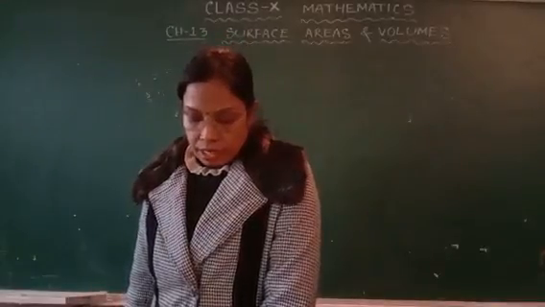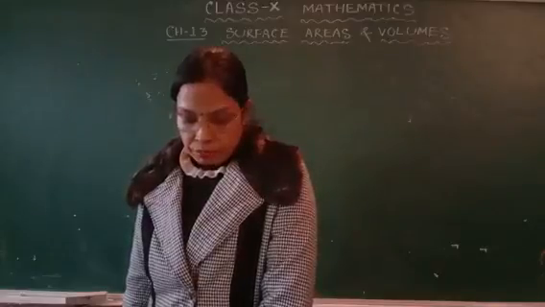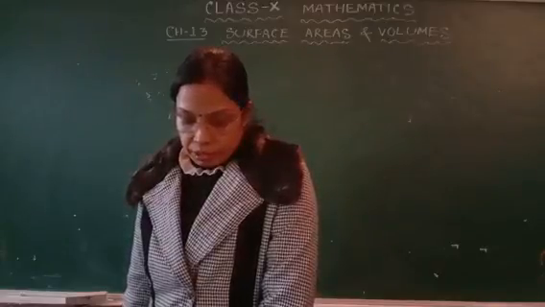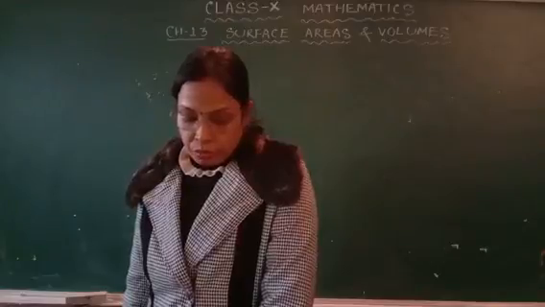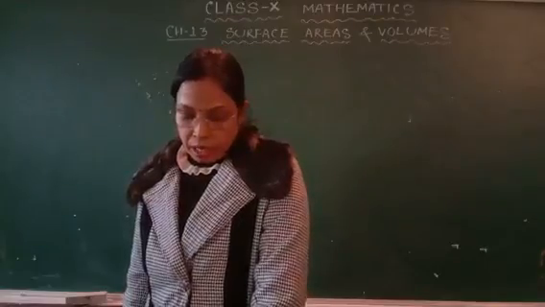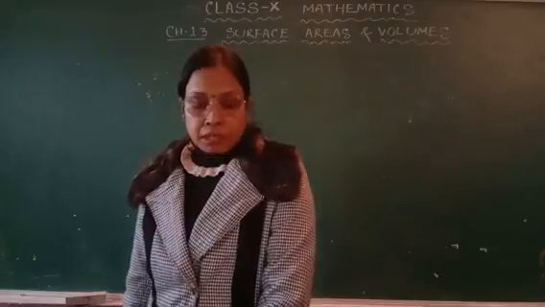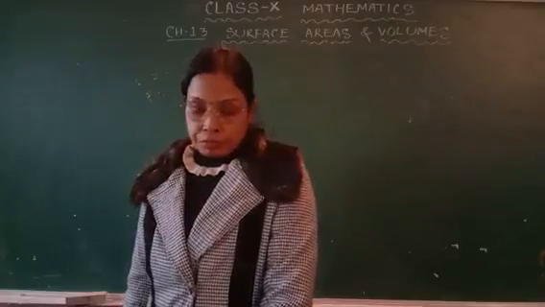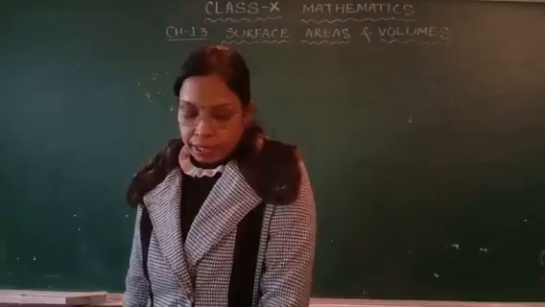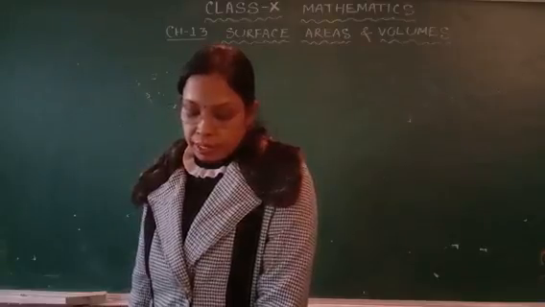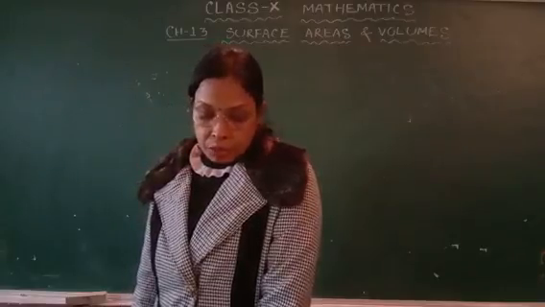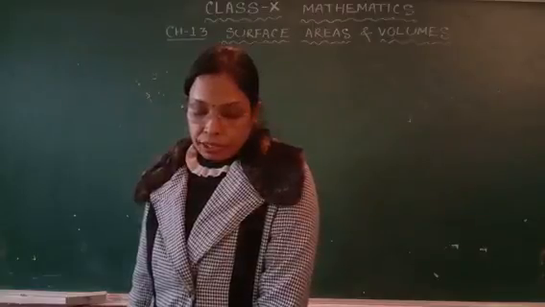Shanta runs an industry in a shed which is in the shape of a cuboid surmounted by a half cylinder. If the base of the shed is of dimension 7 meter into 15 meter and the height of the cuboidal portion is 8 meter, find the volume of air that the shed can hold.